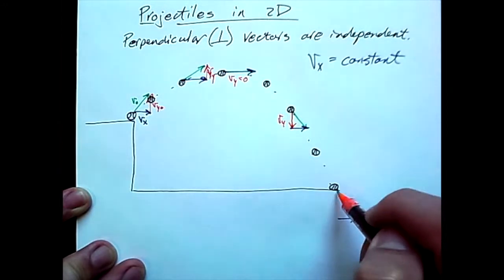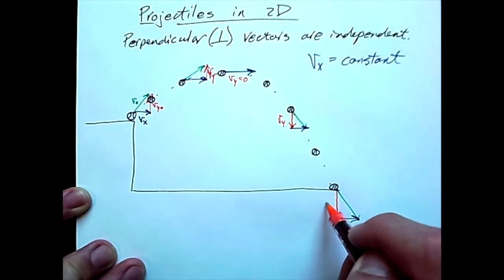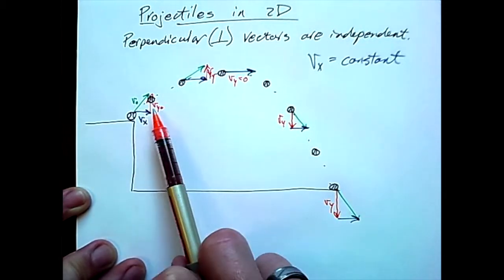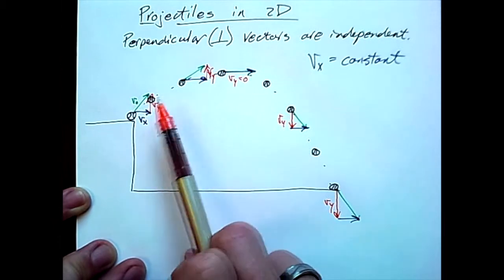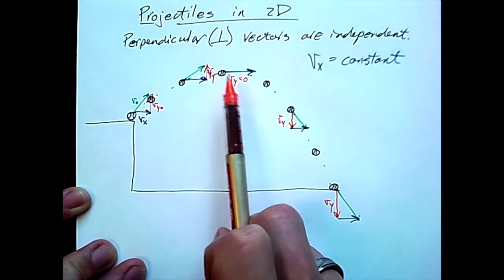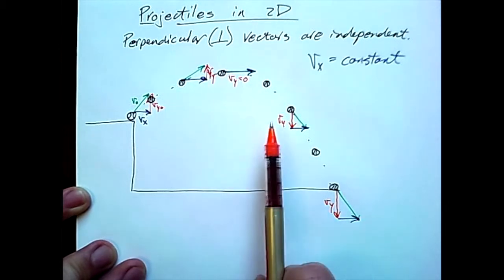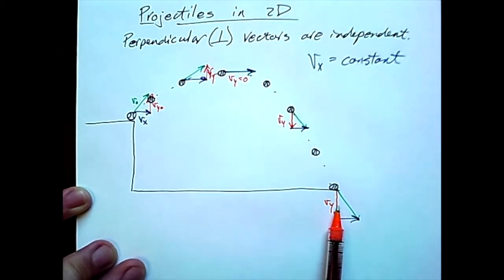Here, the velocity has increased even further in the Vy direction, while the Vx direction has remained constant. So what we see is that the vertical velocity slows down until it peaks at the apex or the highest point, and then the vertical velocity speeds up in a negative way coming back down.